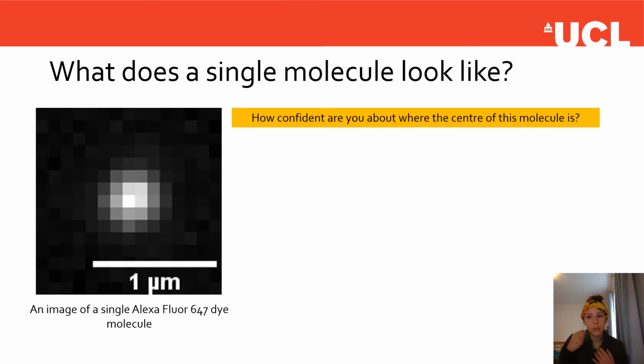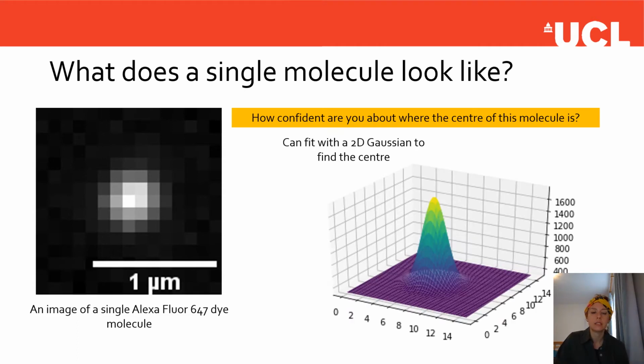So we can already infer higher resolution information from this image of a single molecule than is actually in the image. We can pinpoint that centre mentally better than we can see in the image. And a lot of the time, if you can do something mentally, you can do it computationally. So what I can actually do is fit a two-dimensional Gaussian to find the centre of this molecule very accurately.